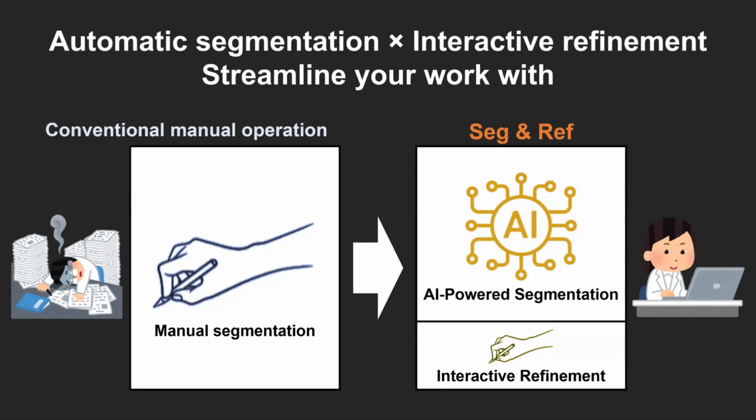In the past, all the segmentation work for image sequence had to be done manually. This has been done 100% manually, but with SegGraph, the majority of this work can be done automatically by AI, and the remaining parts, especially the important parts, are completed by combining the user's own checking and correction work. In other words, the AI does not replace all the work, but is positioned as a complementary tool.